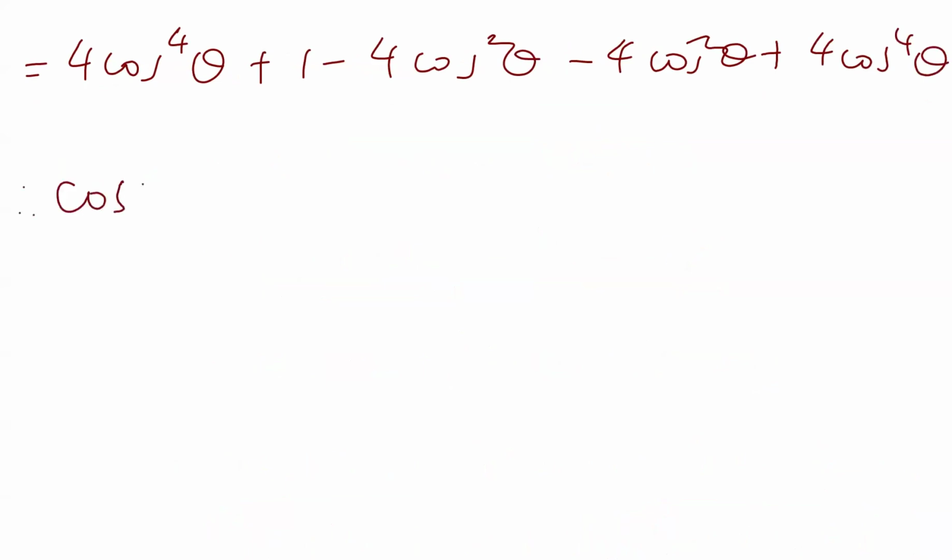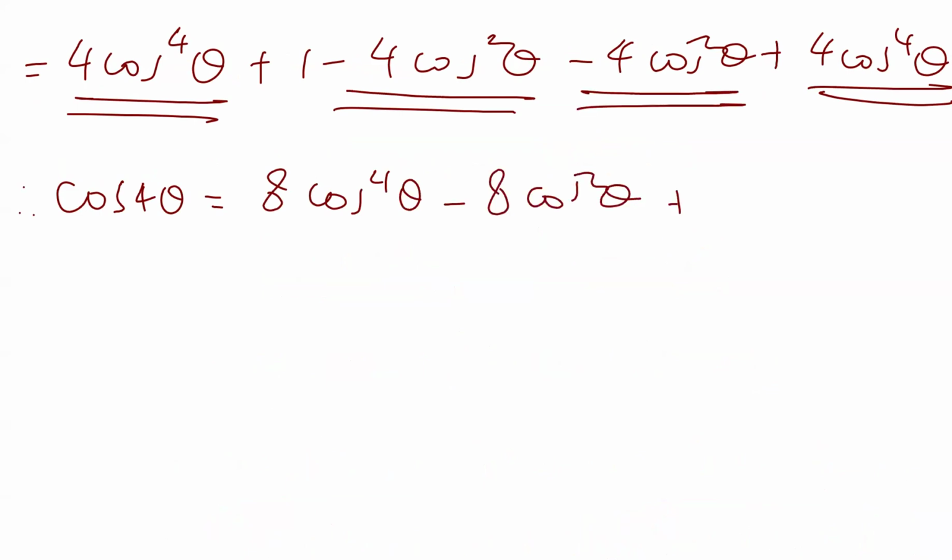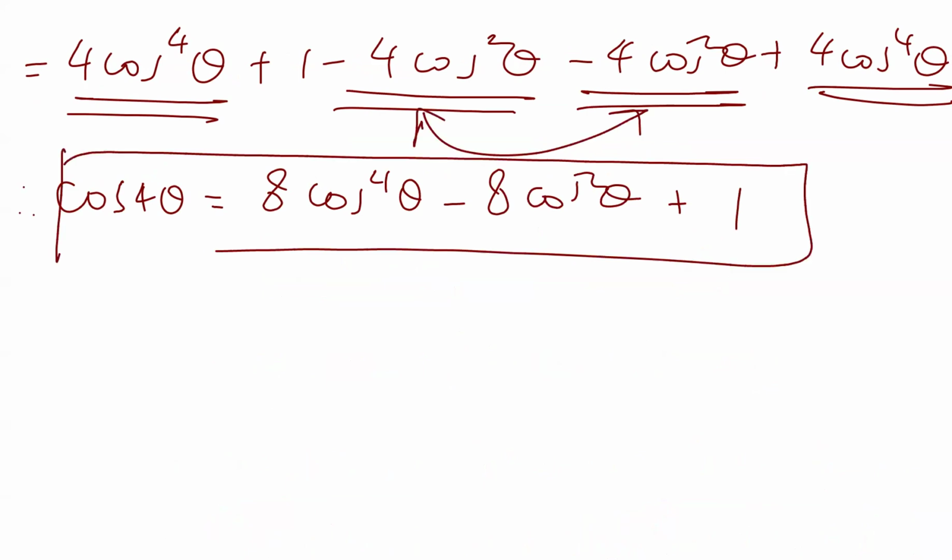Therefore, cos 4 theta can also be written as 4 cos raised to 4 plus 4 cos raised to 4, which is 8 cos raised to 4 theta minus 8 cos square theta plus 1. Okay, this minus 4 will also sum. So we are writing cos 4 theta in terms of theta now.